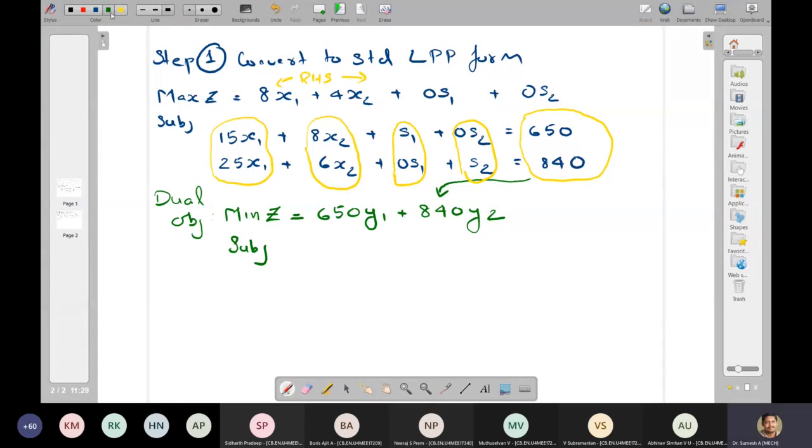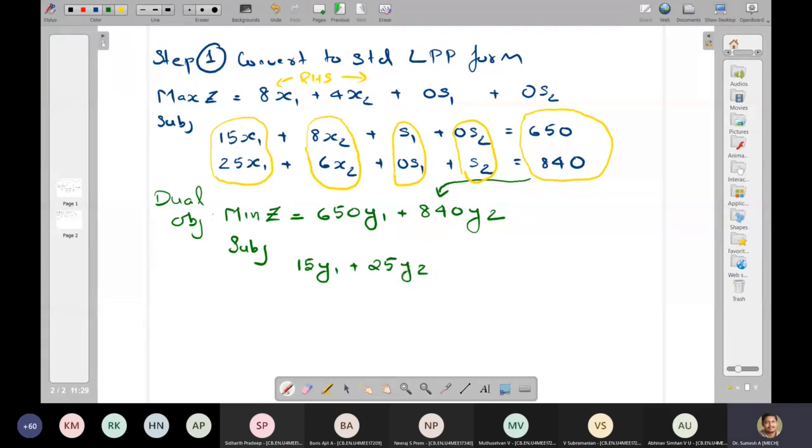So I have two variables y1 and y2. Subject to the first constraint, 15 y1 plus 25 y2, and what is the condition given?